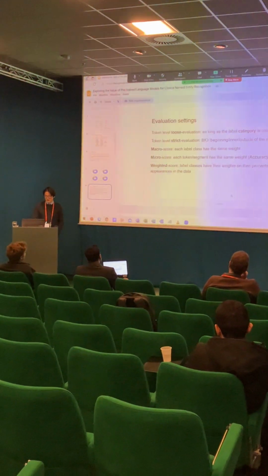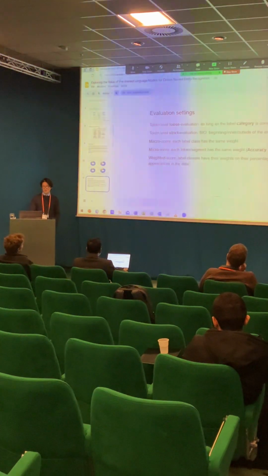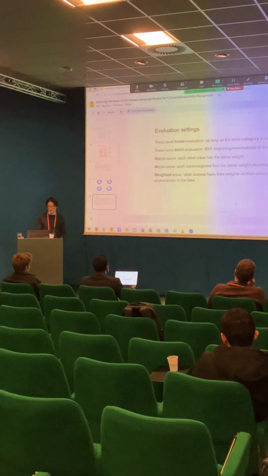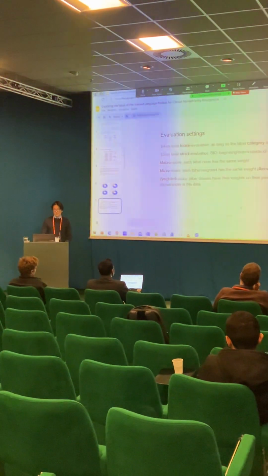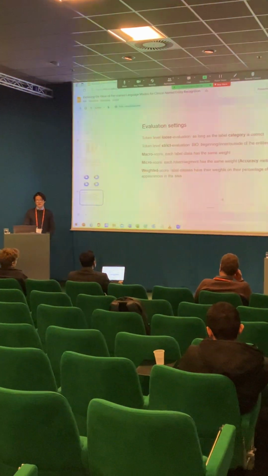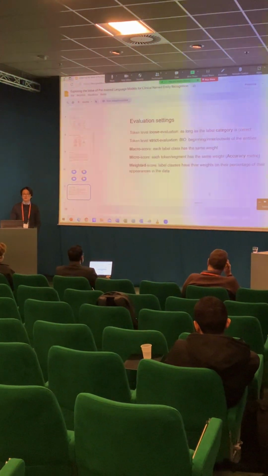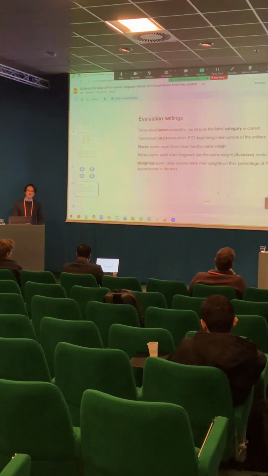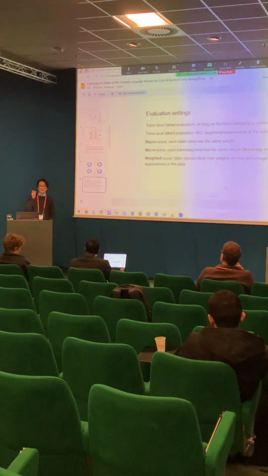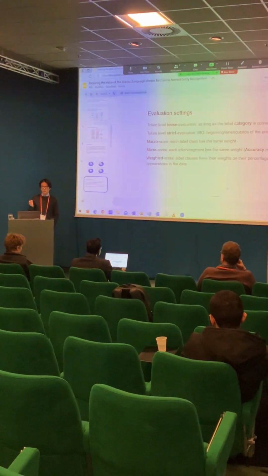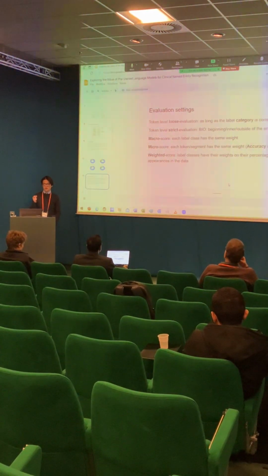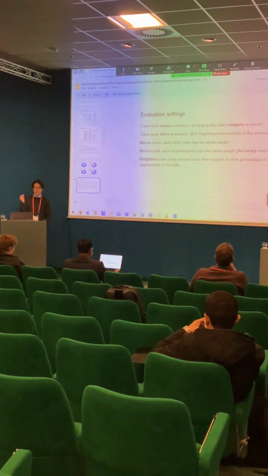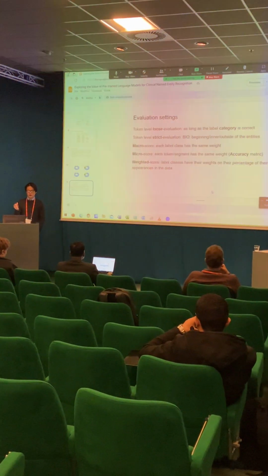In the evaluation setting, I mentioned this in the morning as well, we have macro, micro, and weighted evaluation. Macro evaluation gives each label the same weight. Here there are 10 categories, the special categories, and then O, which is context words. So macro will give the context words and the special label categories the same weight.